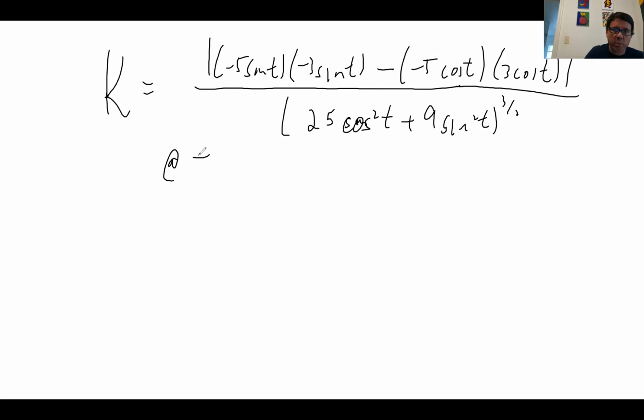So then you put that in. Well, first of all, the top is just 15 sine squared plus 15 cosine squared. So the top is 15. In the bottom, we get lots of these 17s and then raised to the 3/2 power. So whatever that term, that's the answer there.